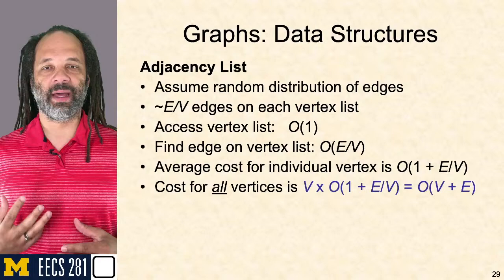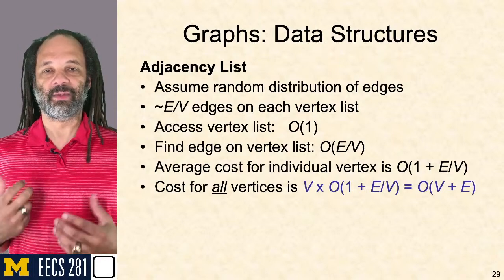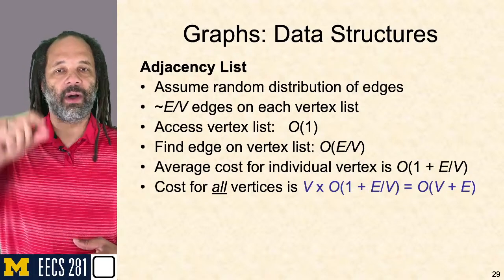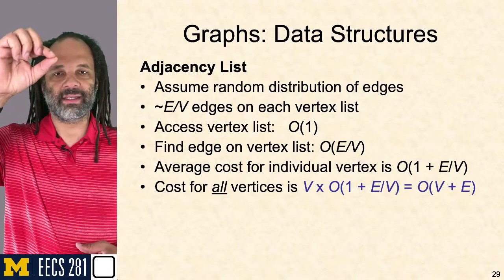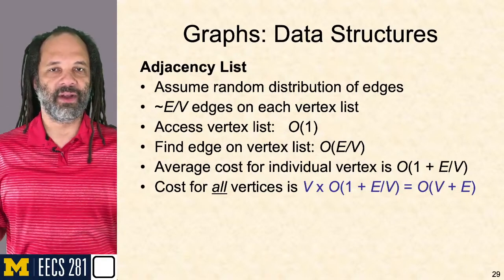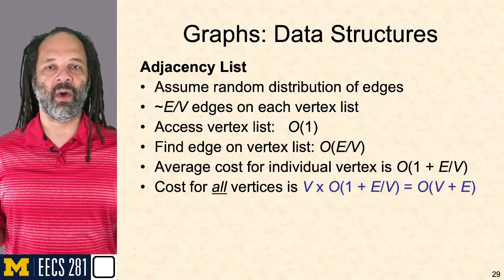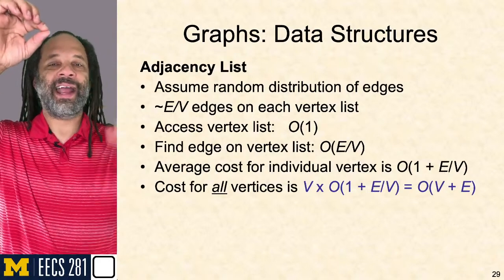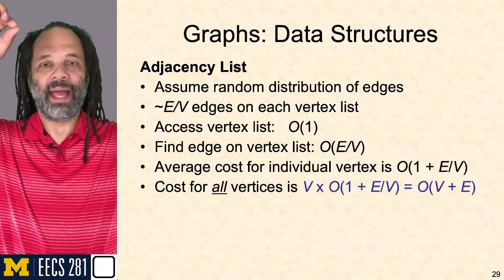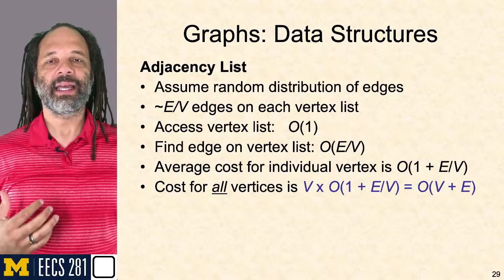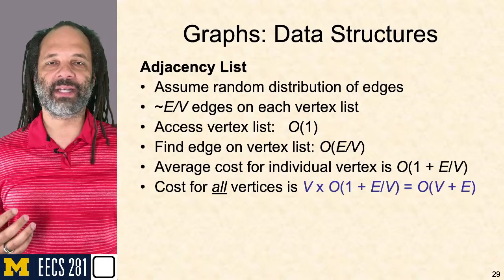However, I don't want to spend a lot of space if I've got a sparse graph. That's where adjacency lists come in, because then I can say, well, this node is only connected to 2 other nodes, and all I have is 2 items in its list. If there's, say, 40,000 nodes, I don't have 39,998 blank spaces here, because with the adjacency list, I only connect each vertex to exactly the vertices that it's actually connected to.